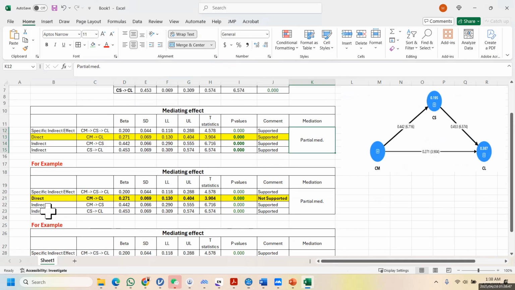For example, if the specific indirect effect is significant, that means supported.